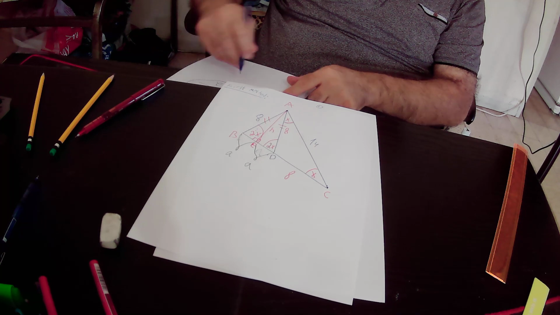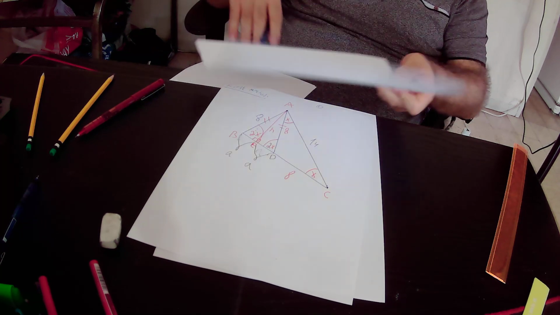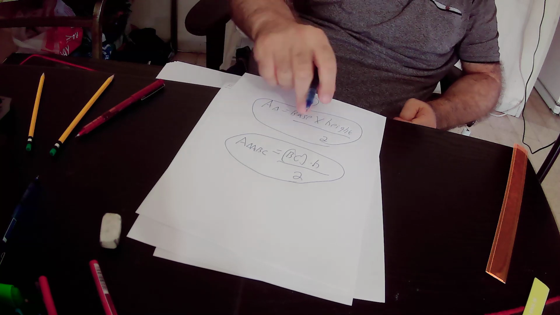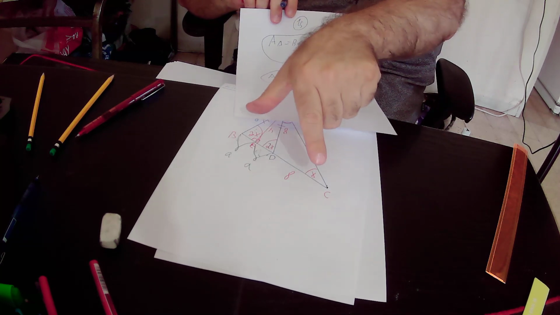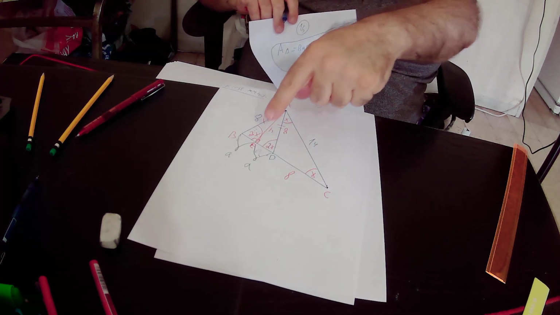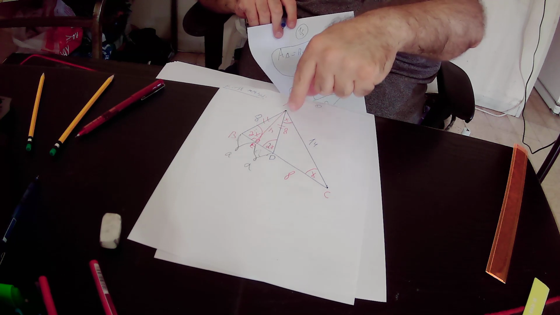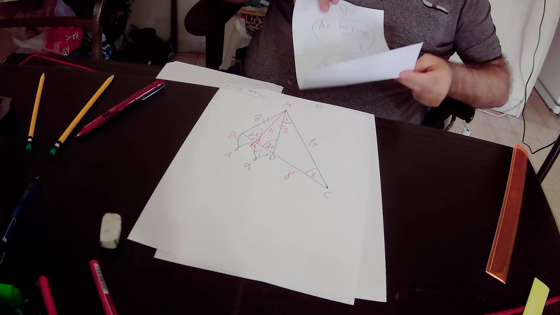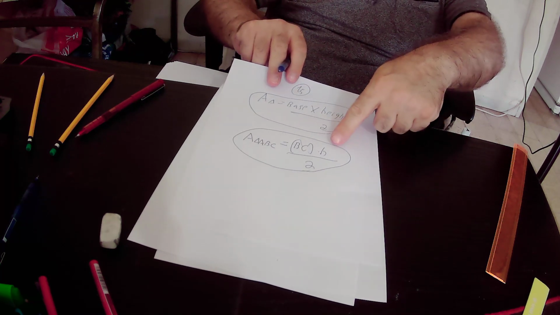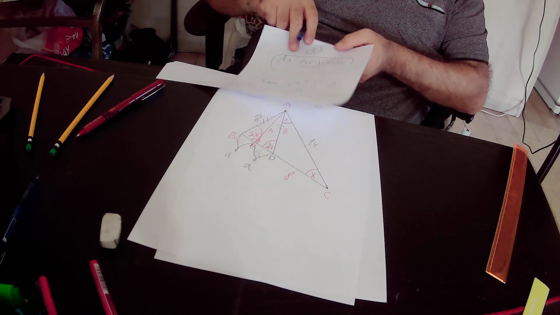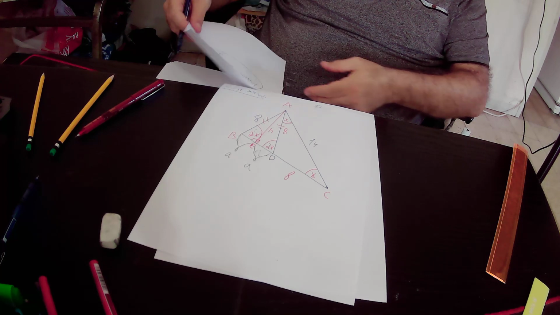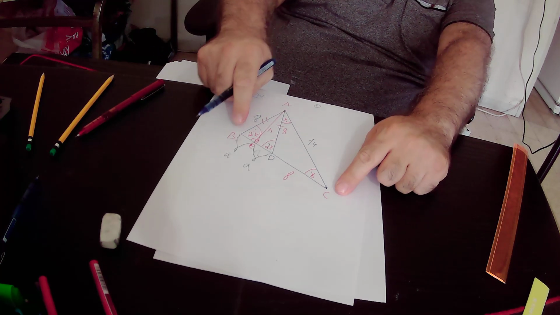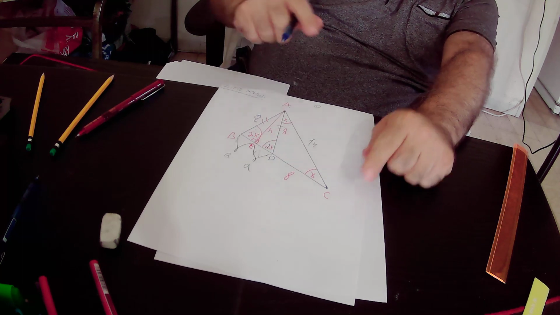Okay, so the area of triangle ABC equals the base of the triangle, that is BC, times the height to the base, that is h. The height creates 90 degrees with the base. So it is BC times h over 2. What is BC? BC equals 2a plus 8.